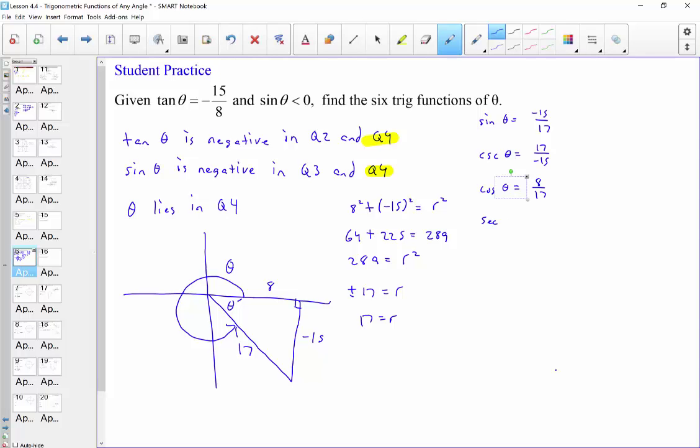The secant of theta equals the hypotenuse, 17, over the adjacent side, 8. The tangent of theta equals the opposite side, negative 15, over the adjacent side, 8. And finally, the cotangent of theta equals the adjacent side, 8, over the opposite side, negative 15.